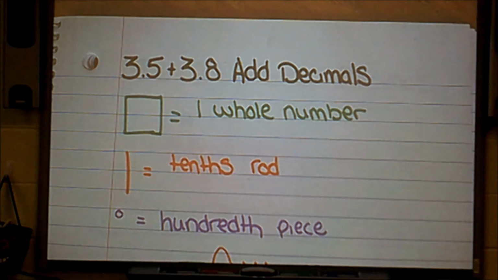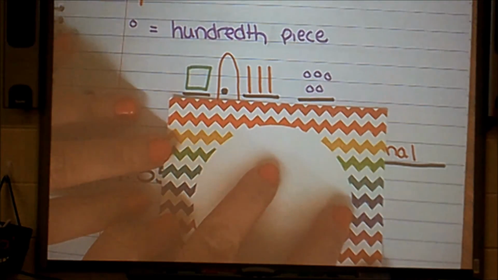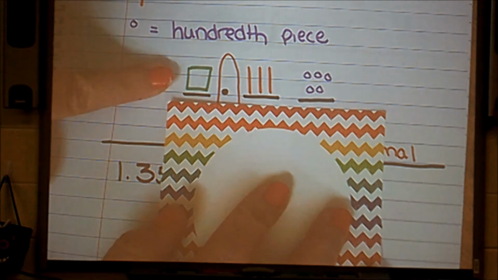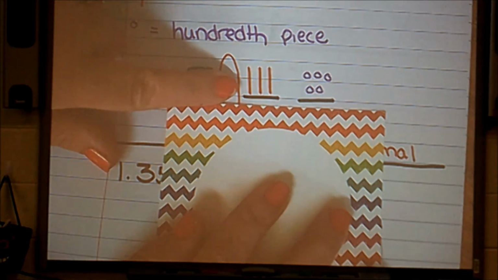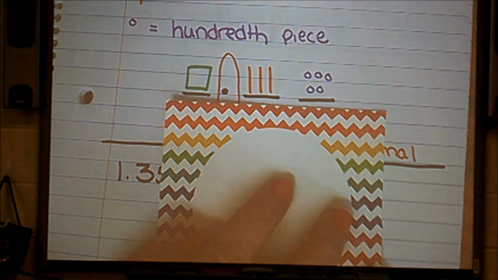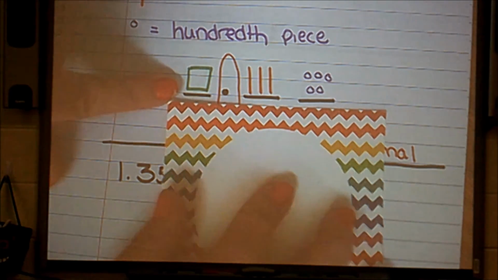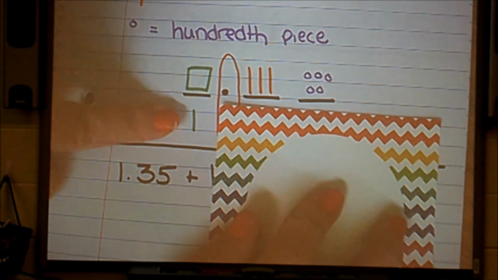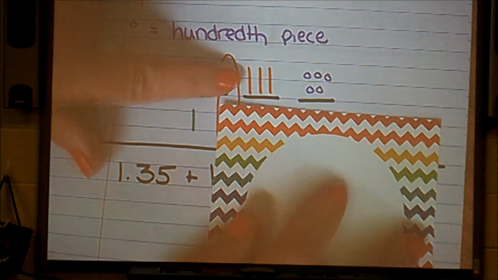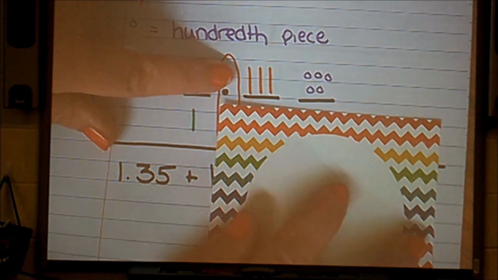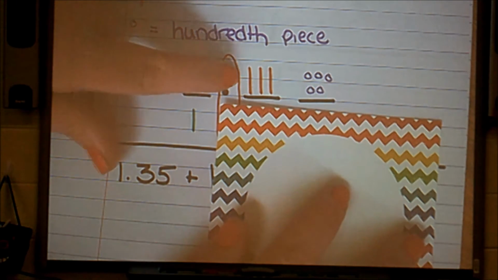So let's look at how this is going to look in real life. If I gave you this picture representation, a square, 3 lines, 5 dots, 5 circles, whatever you want to call them. Well, I know that my square is represented by a whole number, and I only have one of them, so that means I have a whole dollar. I know that these lines represent tenths, or whole value for my tenths place, and there are 3 of them.